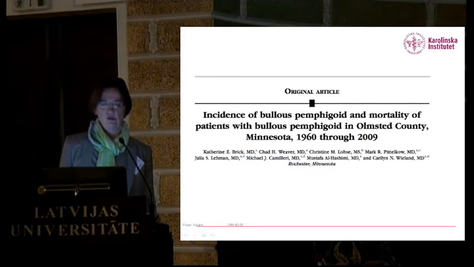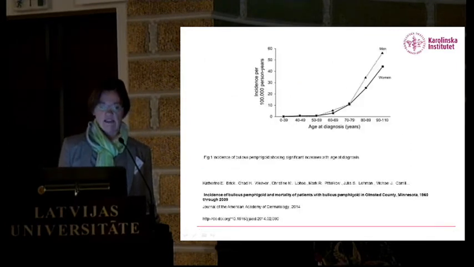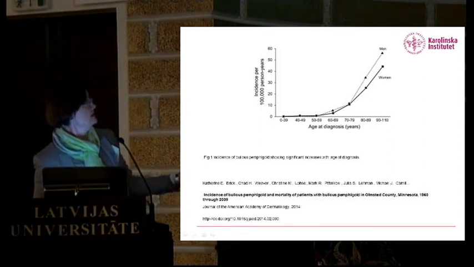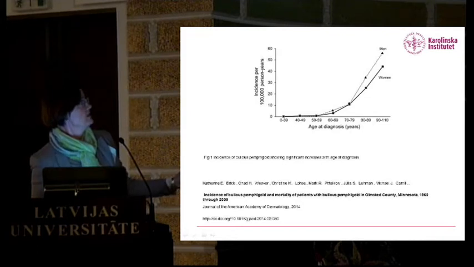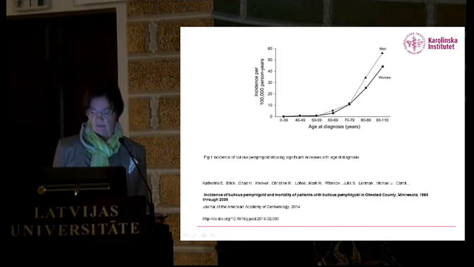So now they have looked at bullous pemphigoid from 1960 to 2009, and they found 87 patients during these years, and they looked at age and sex-matched controls, and they found an incidence of 2.4 per 100,000, a little less than cutaneous lupus. The incidence increased with age, as you can see here, age at diagnosis. So at 90 years, there were much more patients, and you can also see that men were a little bit more common in the older age groups than women.